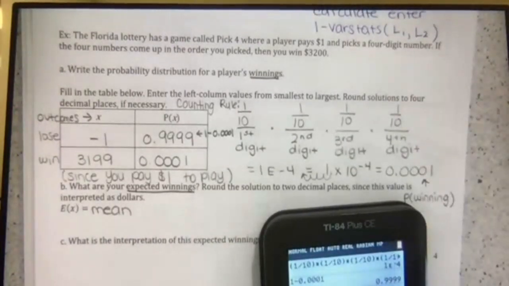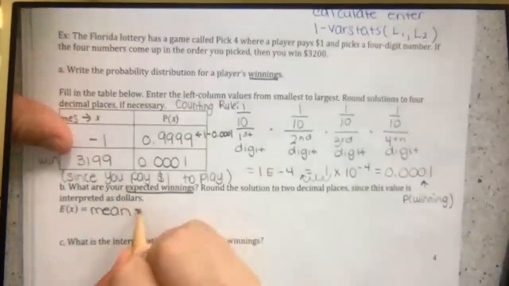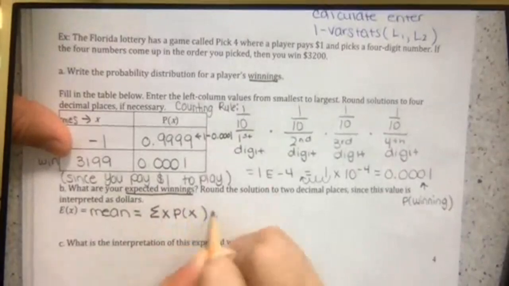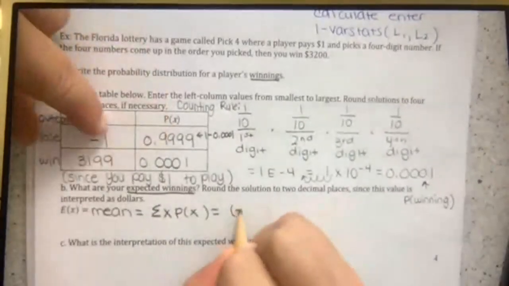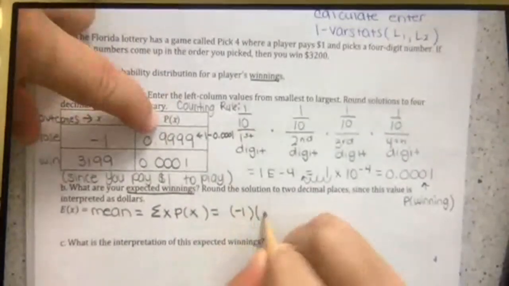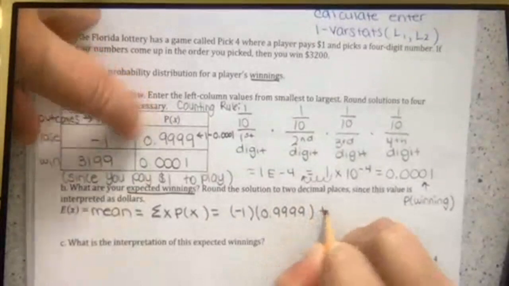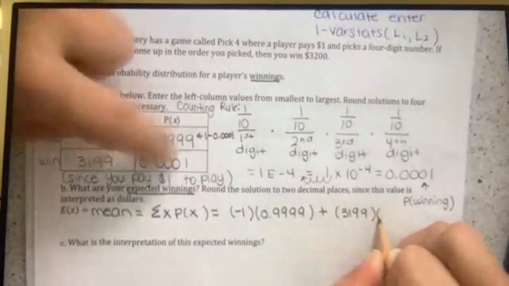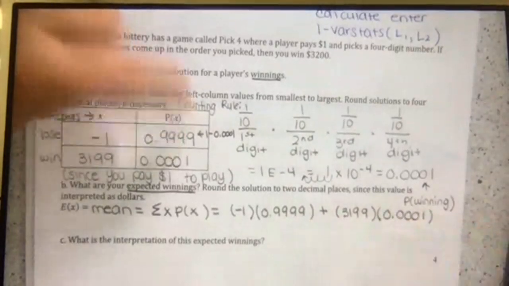The sum of X times P of X. So X is -1 times P of X, which is 0.9999, plus our X, which is 3199, times the probability 0.0001.